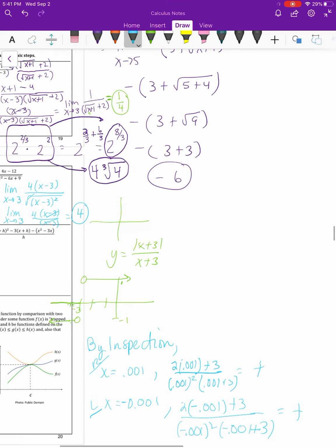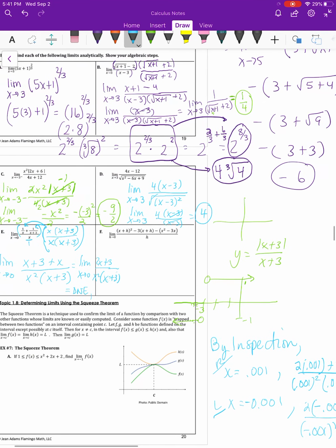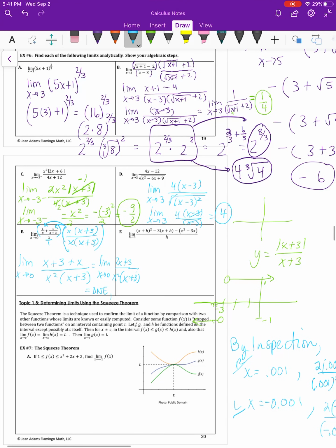This one's actually also going to give you positive. And I don't know if you remember, but since we're approaching 0 and this x is to the second power, it's going to go up to infinity on both sides. It's either going to go down on both sides at your vertical asymptote x equals 0, or it's going to go up on both sides. We just proved that it's going to go up on both sides.